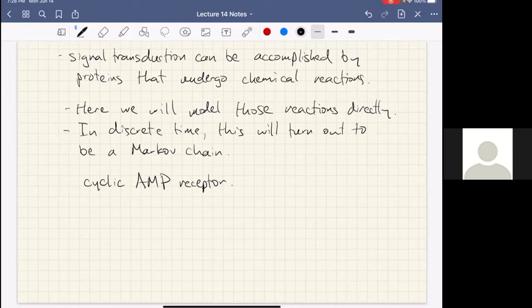The reason why cyclic AMP is widely studied is because it's very simple. So we can model this. By the way, we abbreviate this as lowercase c AMP. We can model it as a two-state finite state machine.